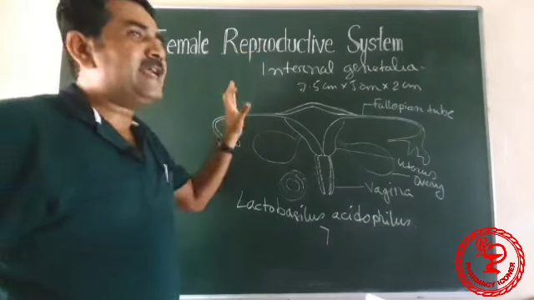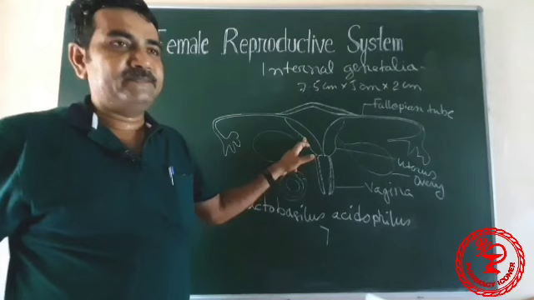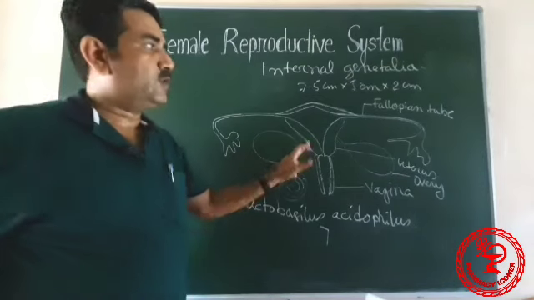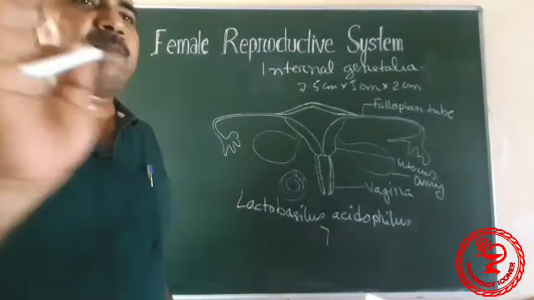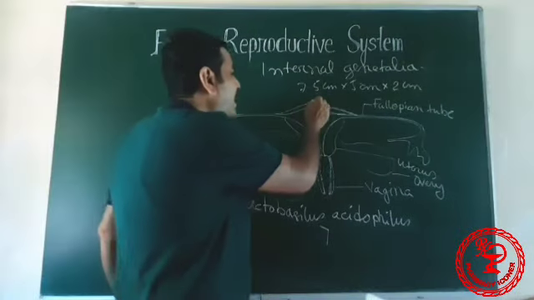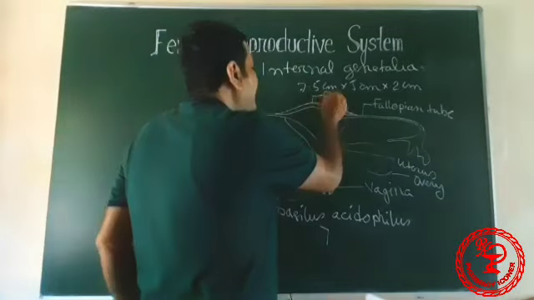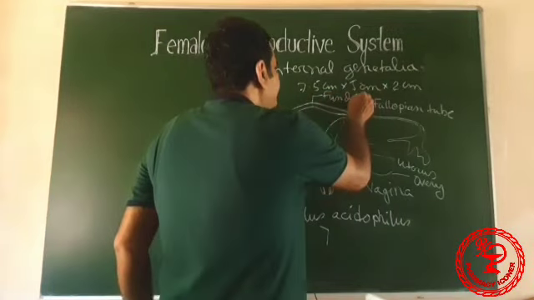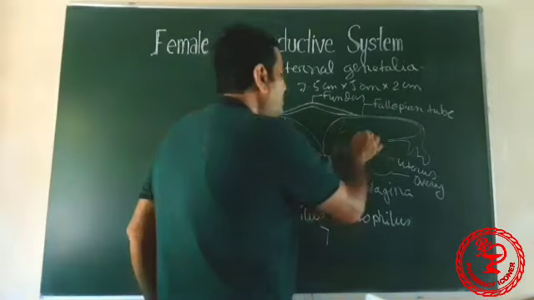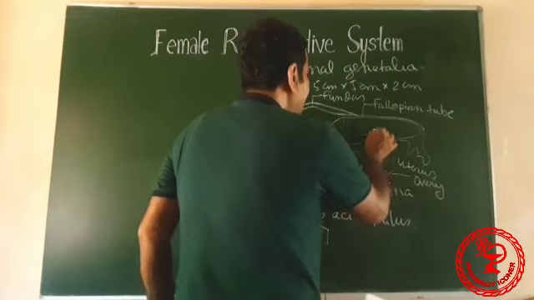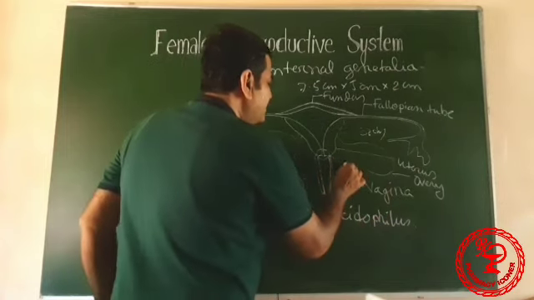It is present between the urinary bladder and the rectum. For descriptive purposes, it has 3 parts. The uppermost dome-shaped part is called fundus, the middle part is called body, and the lower part is called cervix.